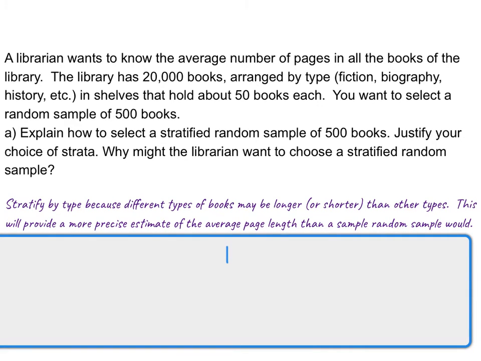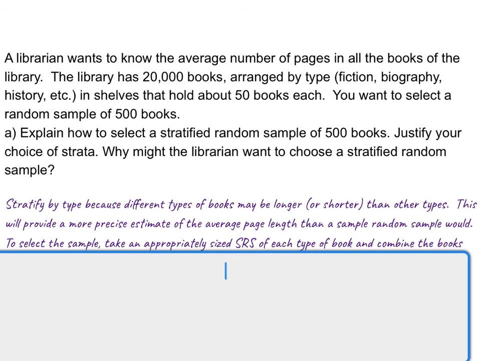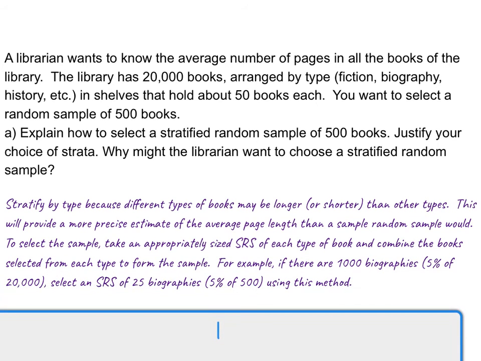This would provide a more precise estimate of the average page length than a simple random sample would. Now I'm going to describe how I'm going to do it. To select my sample, take an appropriately sized SRS of each type of book and combine the books selected from each type to form the sample.